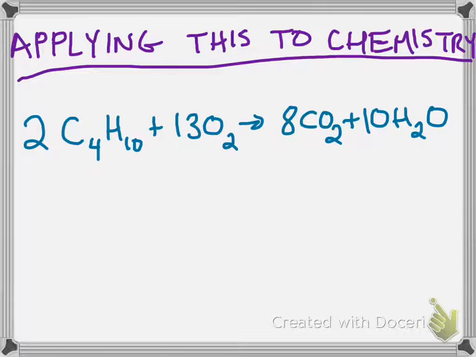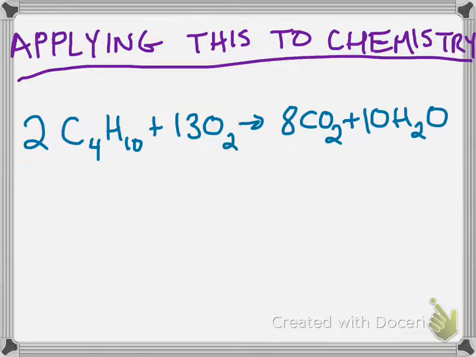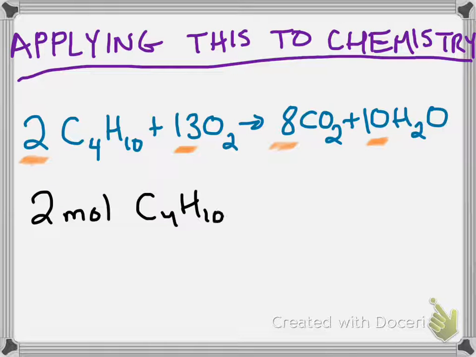So now let's apply this to chemistry. In chemistry, just like in a recipe, we have an equation or a recipe. We have our reactants, what we need in order to make something, in order to make our products. These numbers are called the mole ratio. So this tells us that if we have 2 moles of C4H10, we would need 13 moles of O2 in order to react those 2 moles.